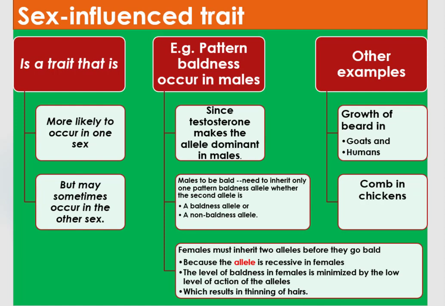Females must inherit two alleles before they go bald, because the allele for pattern baldness is recessive in females due to the absence of testosterone that can amplify the action of these alleles. So the level of baldness in females is minimized, which results in thinning of hair.